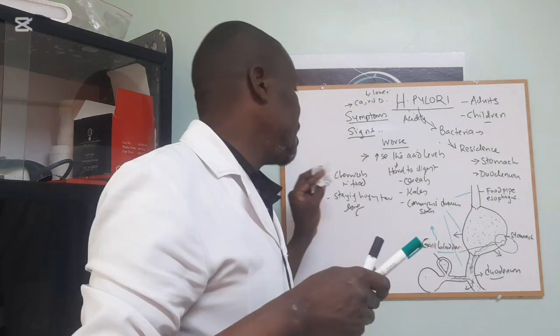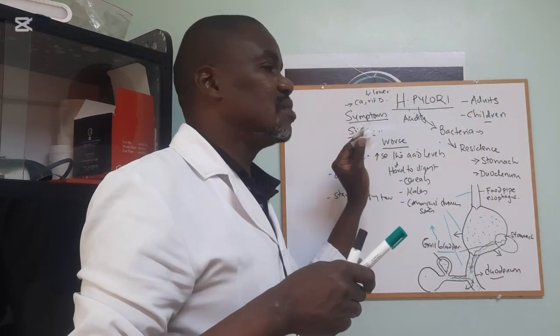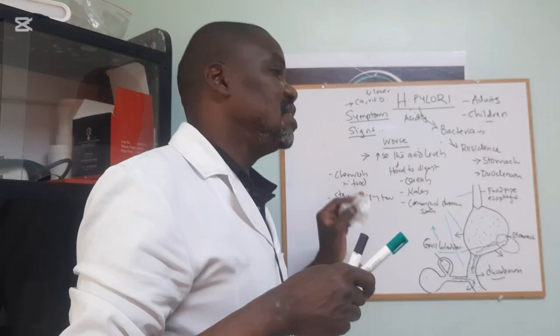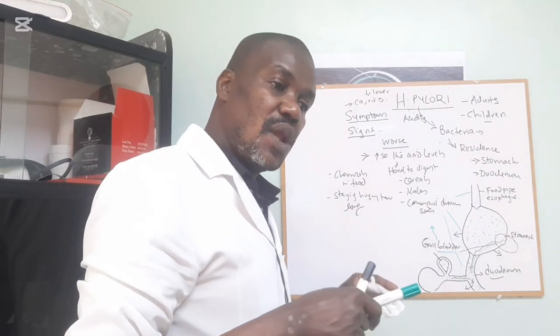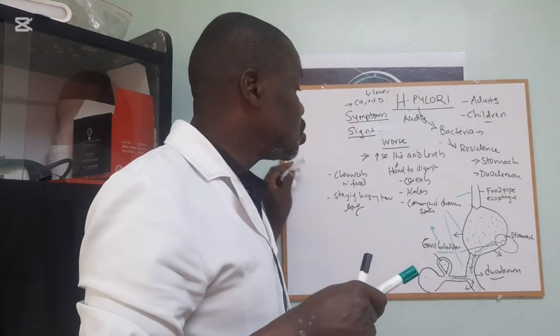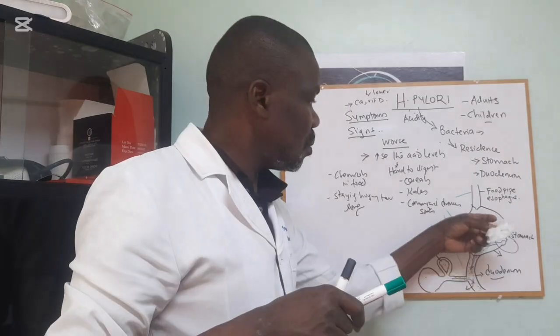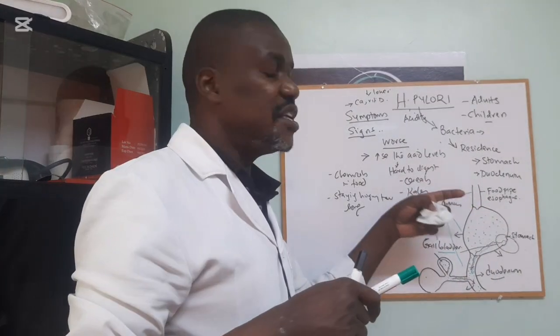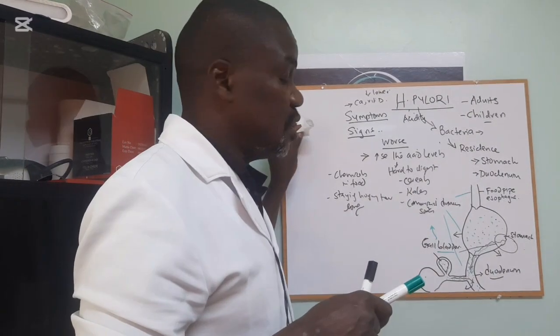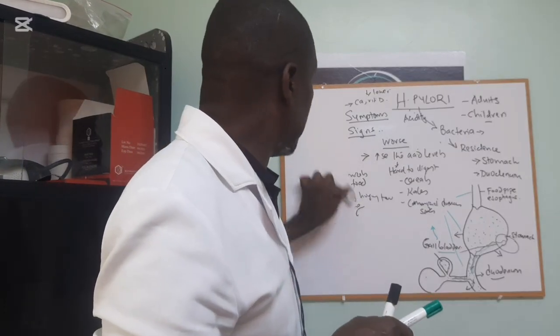That is the reason why most of the symptoms that are associated with H. pylori and acidity will arise when the children are in school, and especially when they are about to close, because the stomach has taken all the beating for the rest of the term, and when they're just about to close, that's when we have those symptoms becoming apparent.